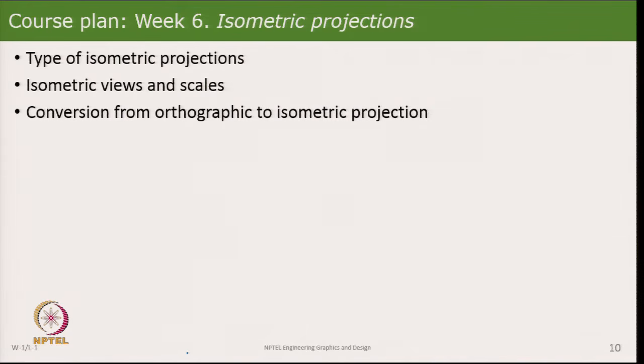We then move on to what is called isometric projections, which means that we are trying to present the object as a 3D object. For example, a box, when I make it like this, is an example of one type of isometric projection.